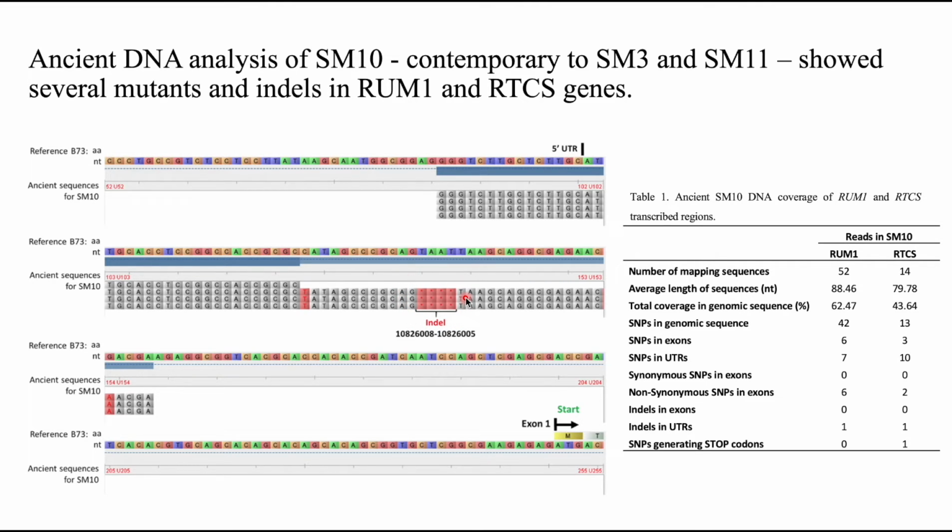So this could be altering the expression of this gene, and maybe this could be the reason why we don't have any seminal roots. But this is just an open possibility, because the depth at which we sequenced is relatively low. We just obtained, for example, 3 sequences for this region. And for RUM1, we also have an indel of 11 nucleotides in the downstream region that could also be affecting the expression of the gene.